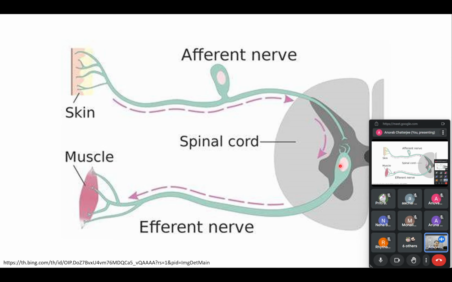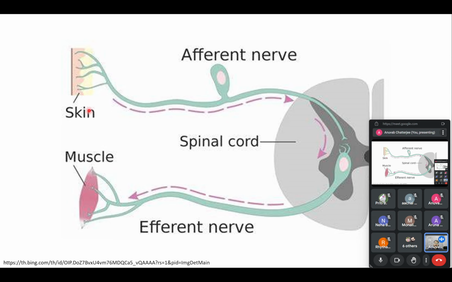This information then travels to the efferent nerve and then conducts the signal to the effector, which could be a muscle or a gland that is then asked to release hormones in response to the initial stimulus. So this is how exactly the entire process works.